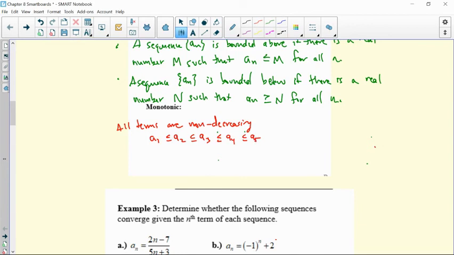So they might be the same, but they're always getting a little bit bigger, or worst case, they're always equal. So monotonic in that direction, or all terms are non-increasing. And then you could just flip the inequality that way.